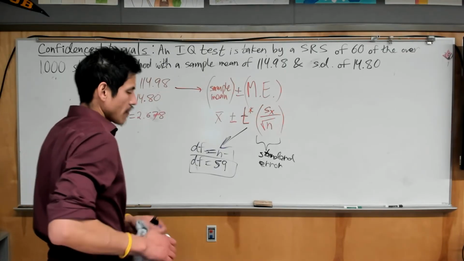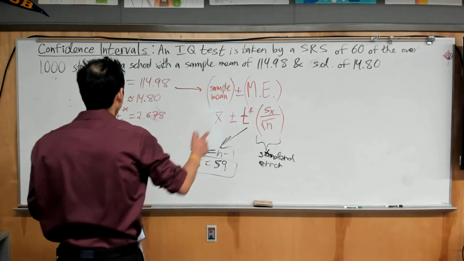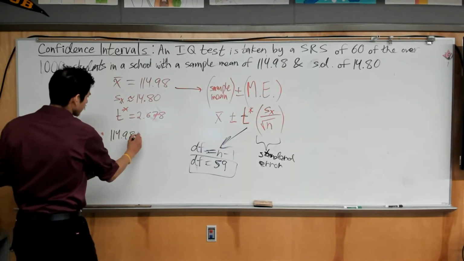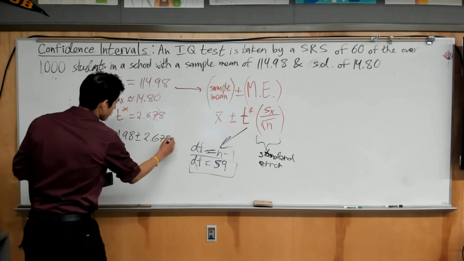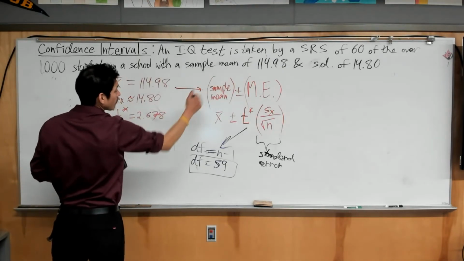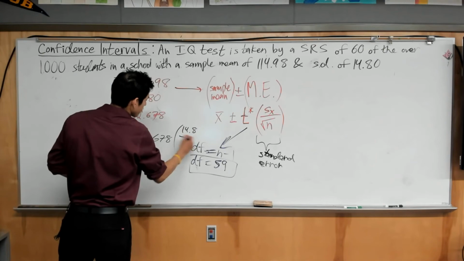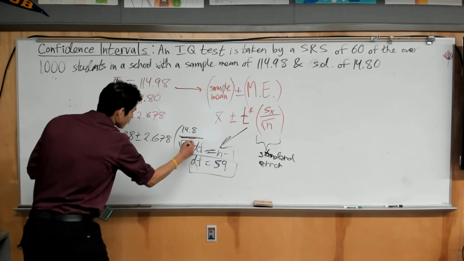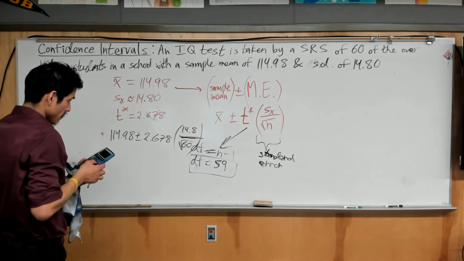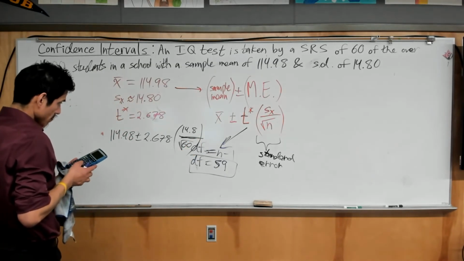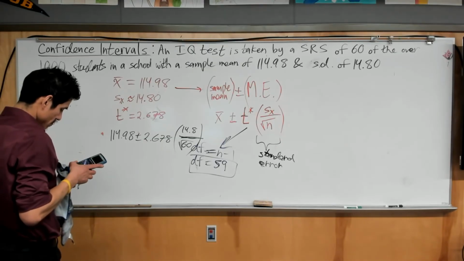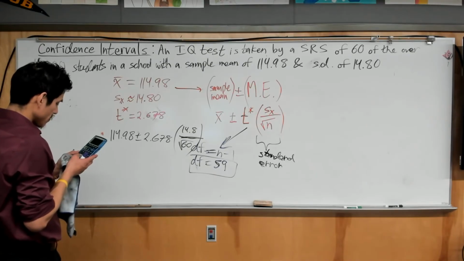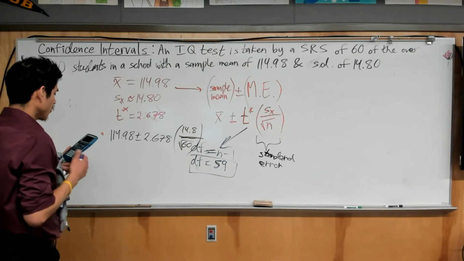So then we just do the math. We get 114.98 plus minus 2.678 times 14.8 over the square root of 60. Times 2.678 gives 5.11677.